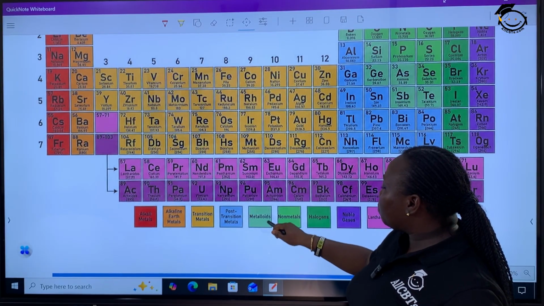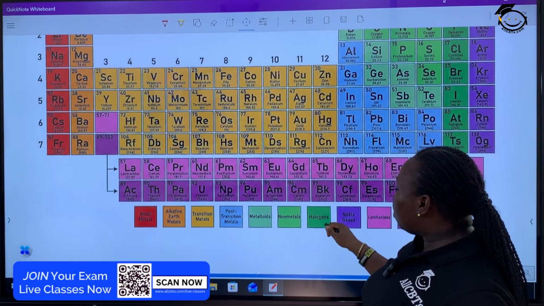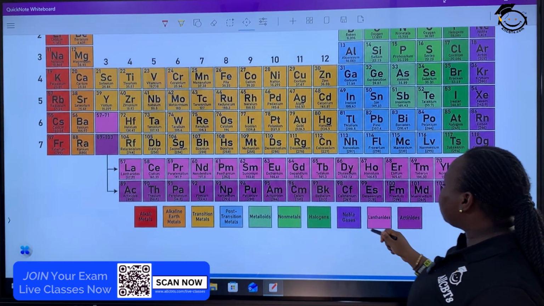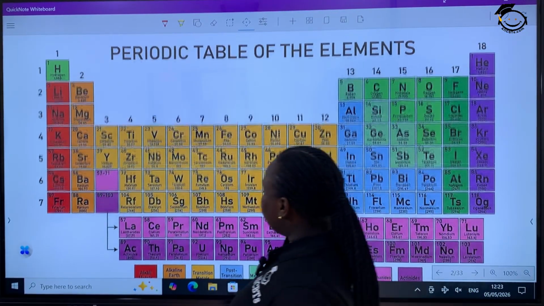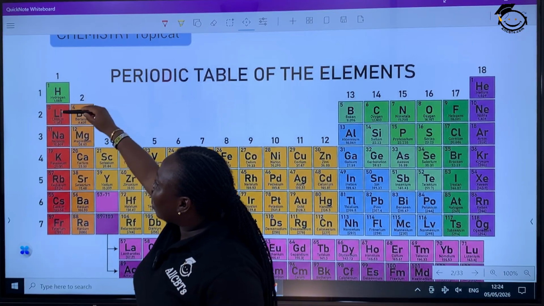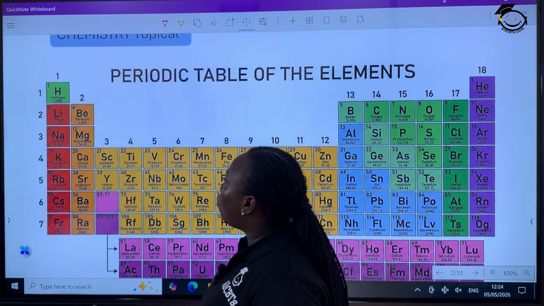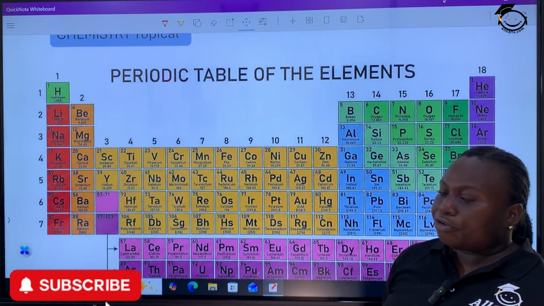Light green is for the metalloids. This one is for the non-metals, this one is for the halogens, this purple is for the noble gases, and so on and so forth. Now, the alkali metals are the group 1 elements, and they are red. So that's from lithium to this one, and like that. That's how you can know your periodic table.